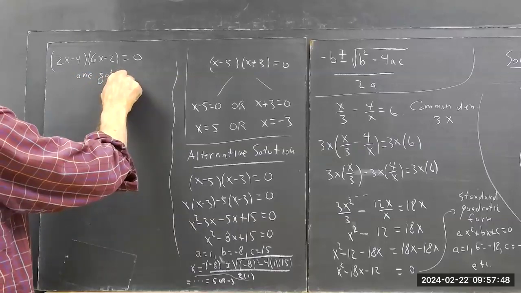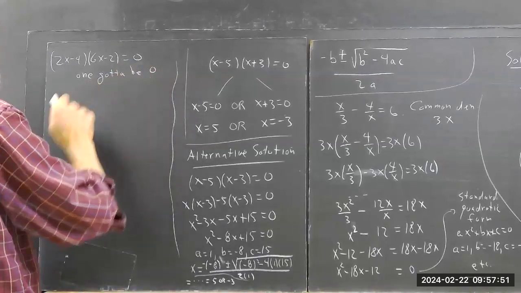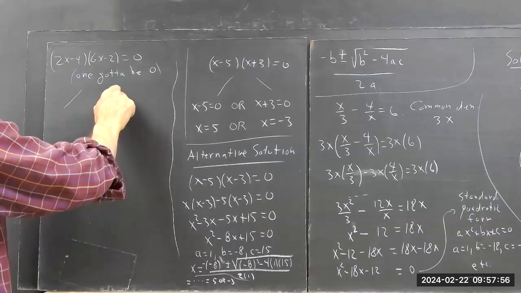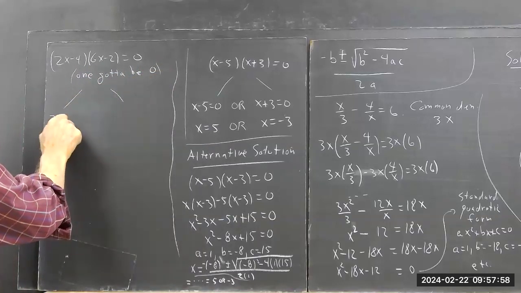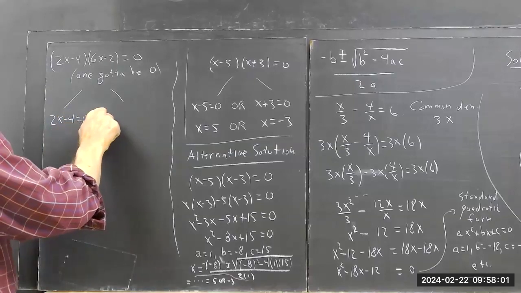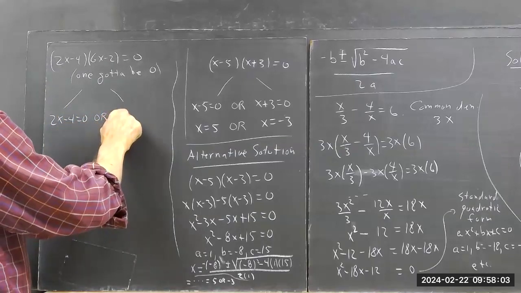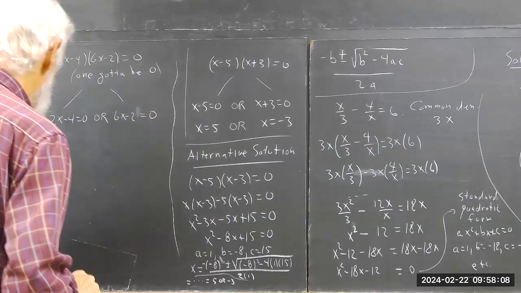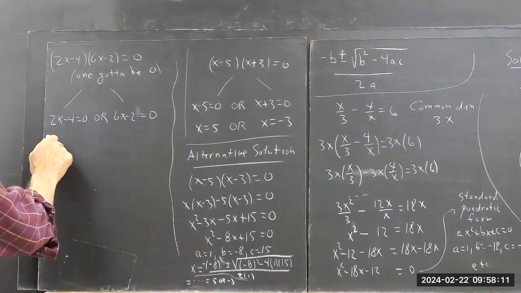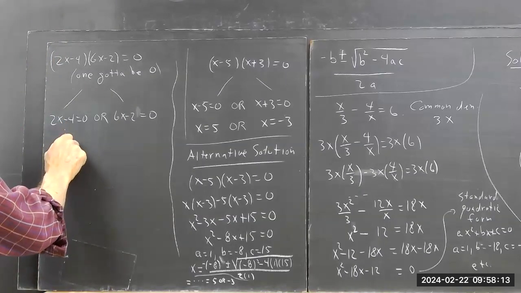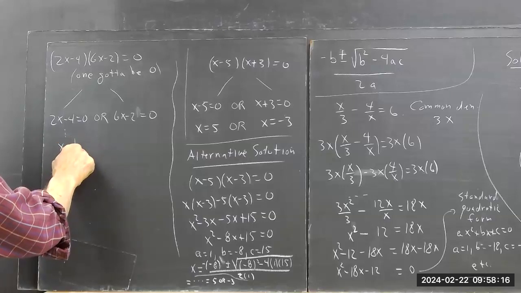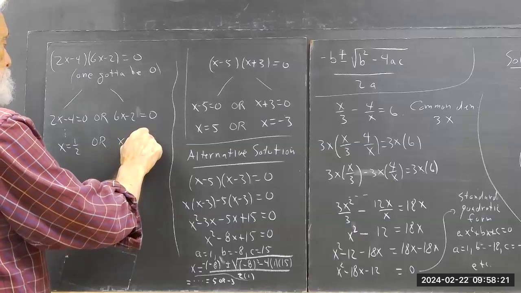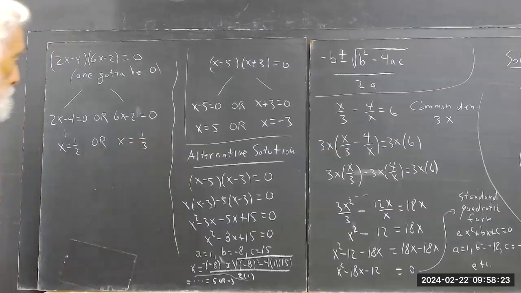So this splits into two equations. 2x minus 4 equals 0, or 6x minus 2 equals 0. We can solve that easily. We get x equals 1/2, or x equals 1/3.